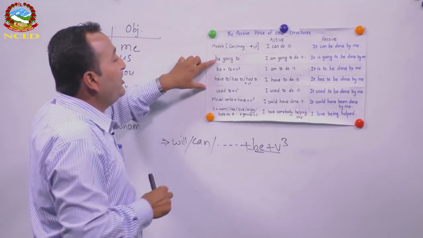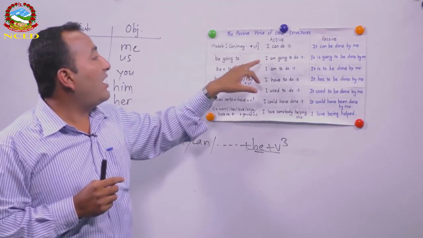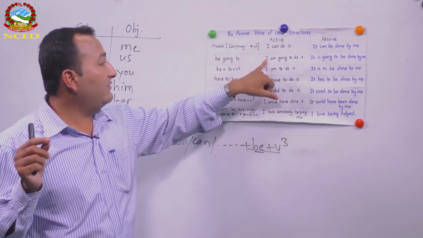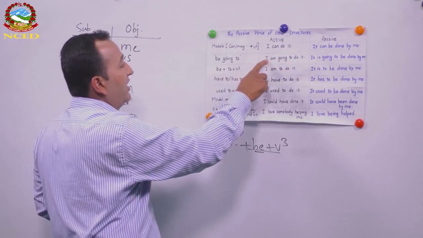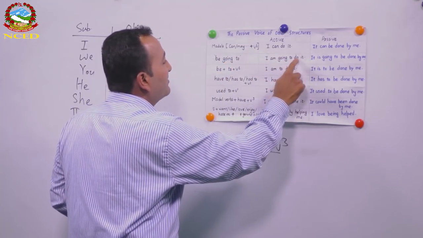Be going to. Be verb means here is, am, are. You might have already known it. I subject, going to future. This is called going to future tense also. I am going to do it. Let's check it out. I, be verb am, going to is there, and do is verb 1.